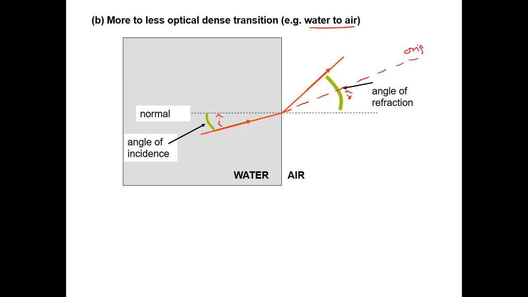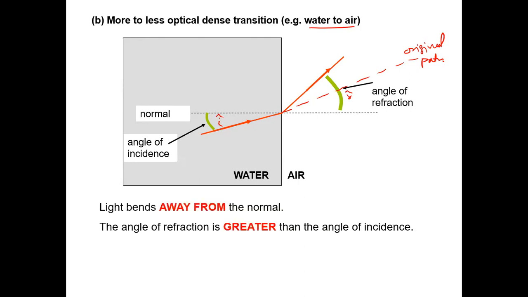This was the original track. You can see that the light bends away from the normal. It means whenever light waves go from dense to less dense, they move away from the normal, they speed up, and their wavelength also increases. And of course, the angle of refraction is also greater.